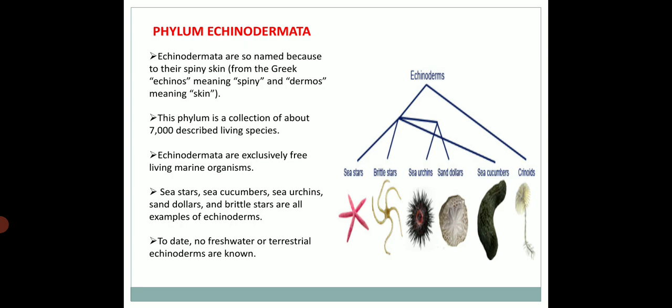To date, no freshwater or terrestrial echinoderms are known. Here is the picture of examples of phylum Echinodermata: sea star, brittle star, sea urchin, sand dollars, sea cucumber, and crinoids.